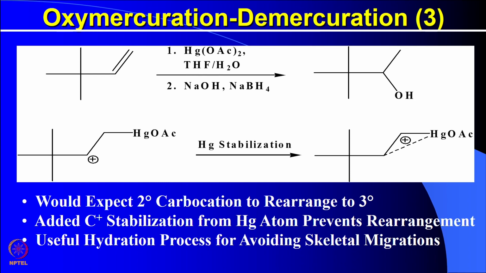This oxymercuration demercuration process goes through the formation of a carbocation where the mercury is bonded to two carbon atoms simultaneously because of its very large size, and this 2-degree carbocation is not possible to go for any rearrangement to go for a 3-degree carbocation, because this mercury forms a partial single bond with both the carbon atoms, and it does not allow for the shift of hydride and formation of a more stable carbocation.